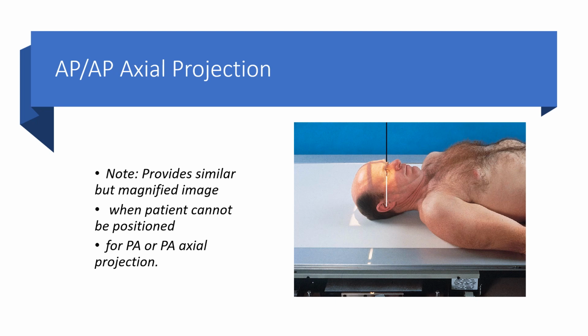And I'll show you that when we do the live demonstration, about how I've got a patient where I can't tip their head up and down because we suspect a spinal cord injury. So I'm just going to use a tube angle to get a true PA or a true AP that runs along the orbitomeatal line.